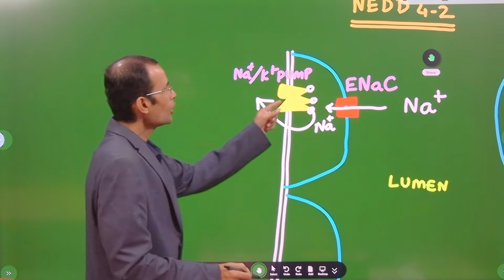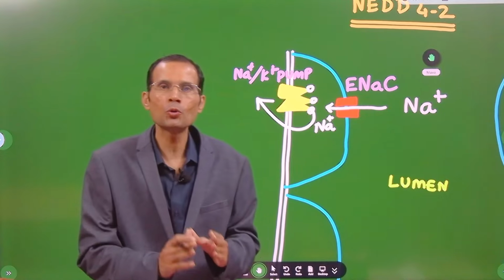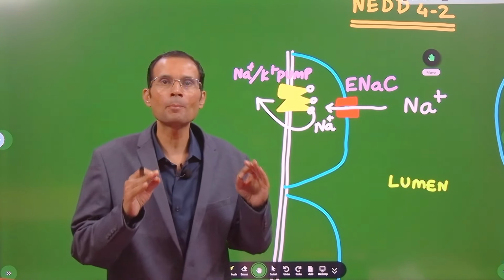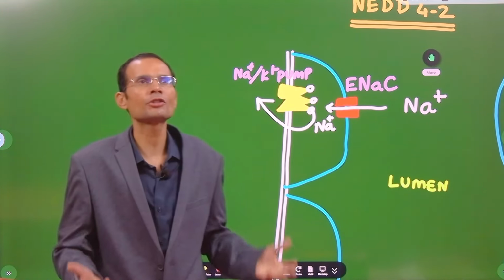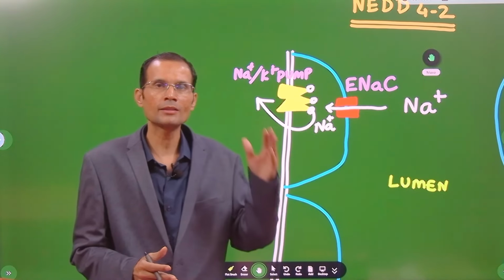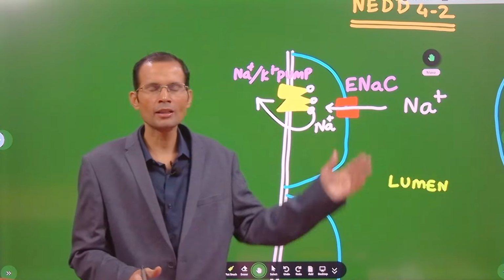And on the basolateral side, there is the sodium potassium pump. So aldosterone is known to increase the number of sodium potassium pumps also. Aldosterone is a mineralocorticoid. It has a receptor called the mineralocorticoid receptor, or MR. That's a topic for another video.